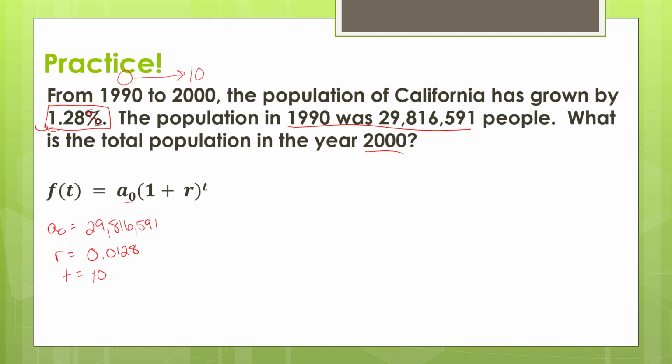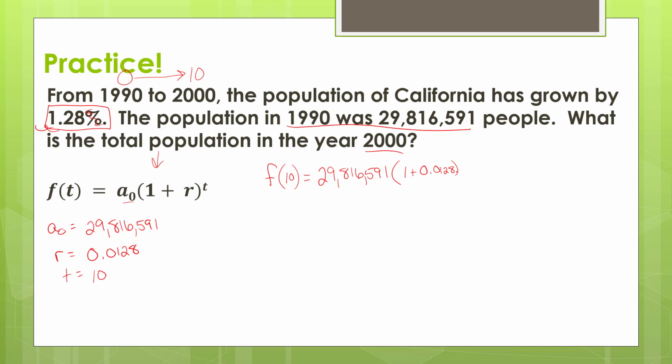Now that we have our variables identified, we can plug them into our formula. F of t, where t is the amount of time, and we just called that 10, is equal to a sub 0, which is 29,816,591, getting multiplied by 1 plus the rate, 0.0128.